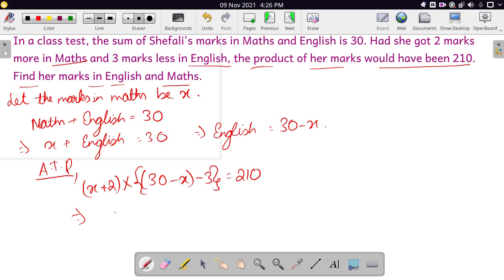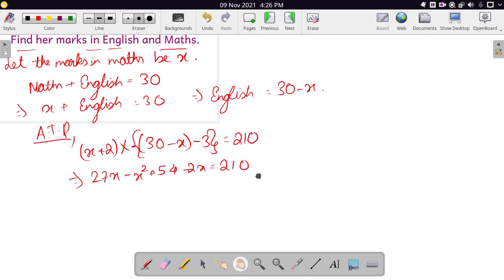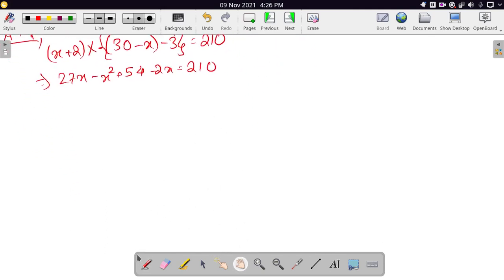So when you solve this, the equation comes out to be 27x minus x square plus 54 minus 2x is equal to 210. This is equal to minus x square plus 25x minus 156 is equal to 0.